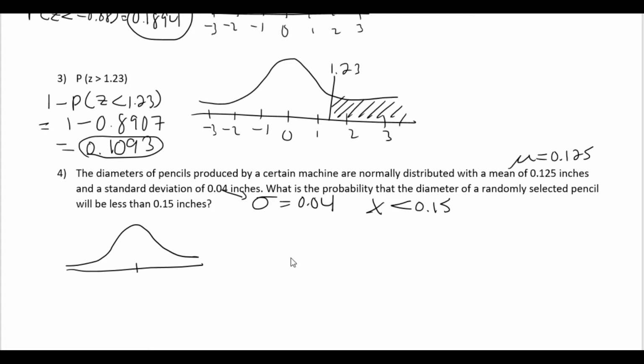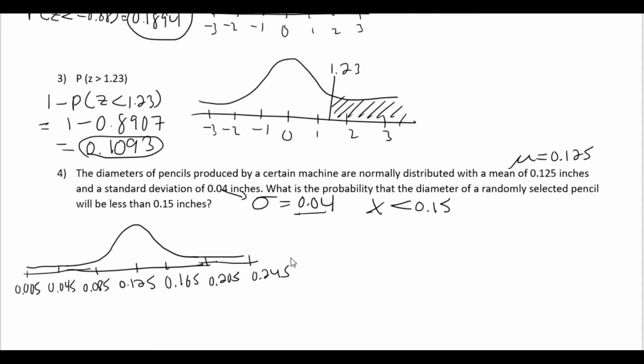So in this case, the middle is the average. So we got 0.125 is our average, and it goes by the standard deviation. So we're going to go by 0.04 on each side. So that means it's 0.165, 0.205, 0.245, 0.085, 0.045, 0.005.